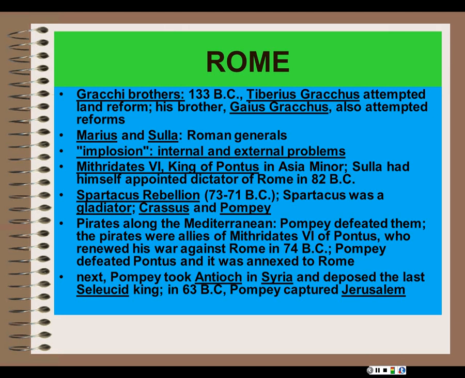And so Sulla, the general Sulla, went after Mithridates, and basically Mithridates gave up his conquest, and while Pontus, his kingdom, remained a kingdom, nevertheless there were rebellions. Sulla returned to Rome in 83 BC, after teaching Mithridates a lesson.